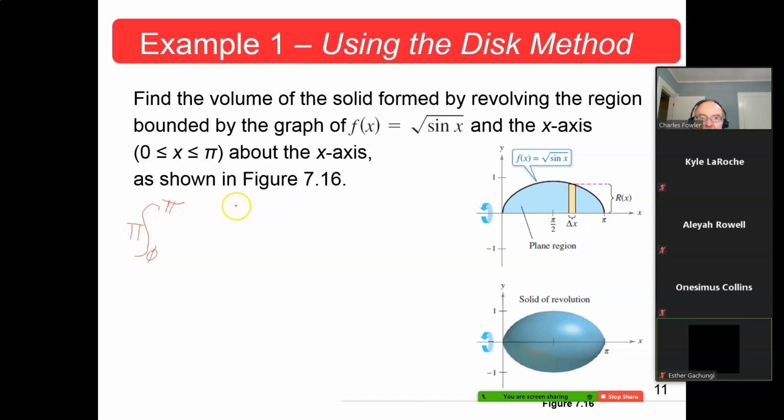Your radius here is this height. That's your f value, so it's going to be the square root of sine x, but that thing squared because you square it. That's ugly. And then you have your dx. That's the thickness.